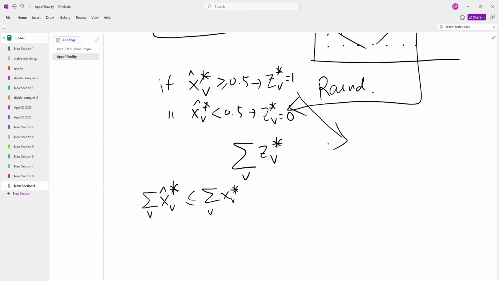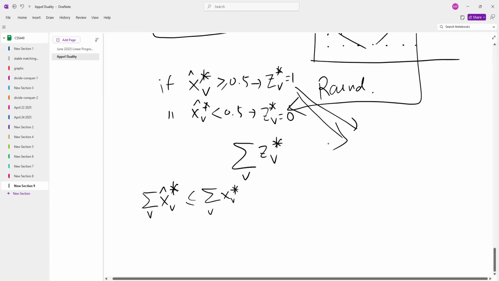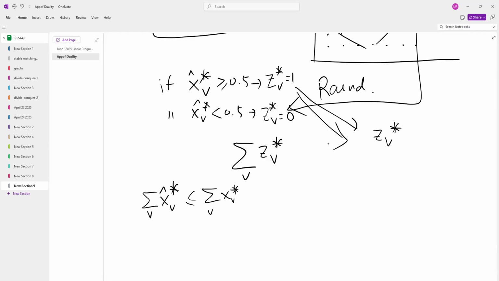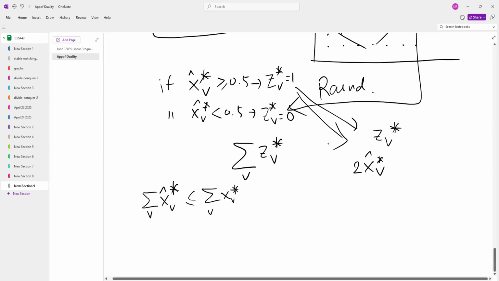So basically, because we're multiplying by 2, 2 times x_v star is going to come to 1.